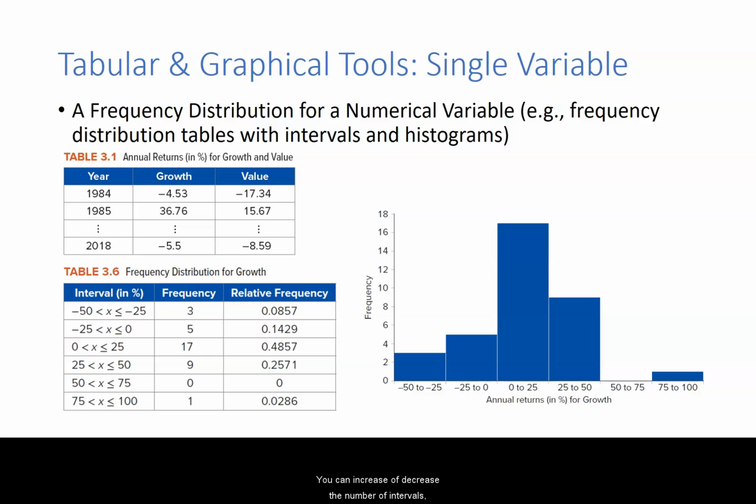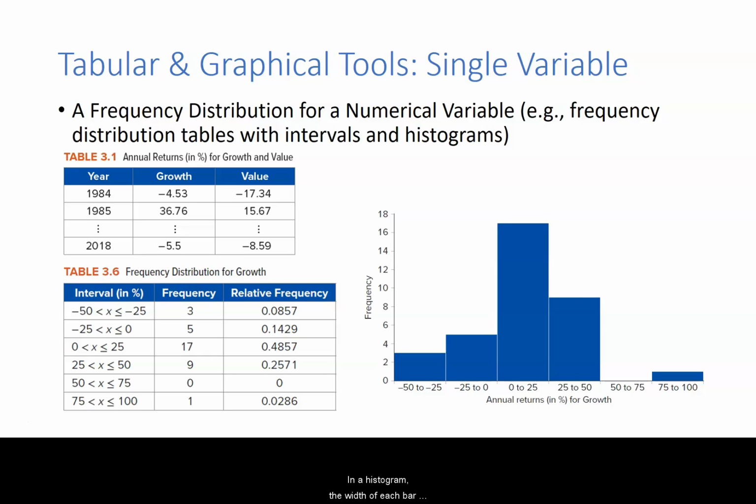You can increase or decrease the number of intervals, or widen or narrow the interval width as needed to drill more into the data. A graphic representation of the frequency distribution is called a histogram. Histogram is the counterpart for numeric data to the bar chart for categorical data.